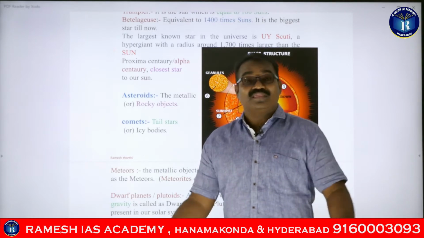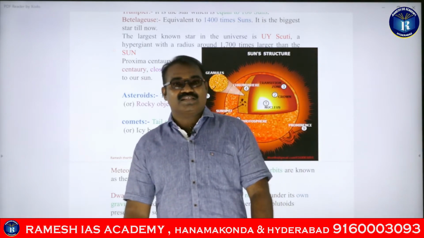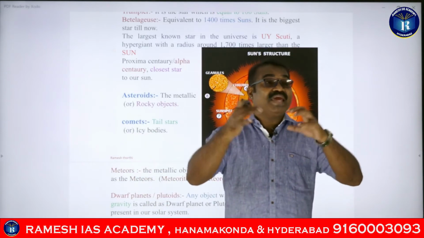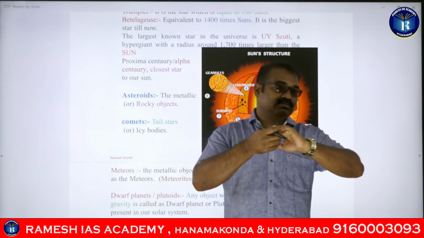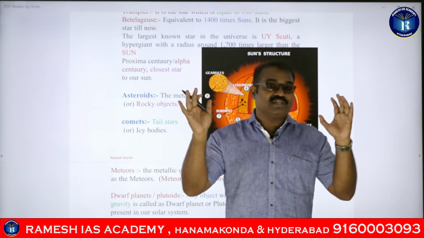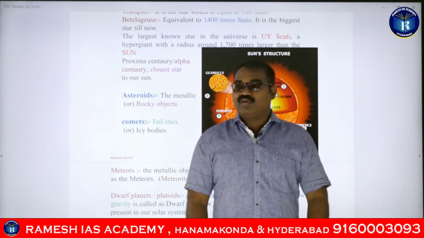The magnetic field is also present in the sun, which is making all the materials interwoven within it, and the matter present in the sun is in the form of magma.